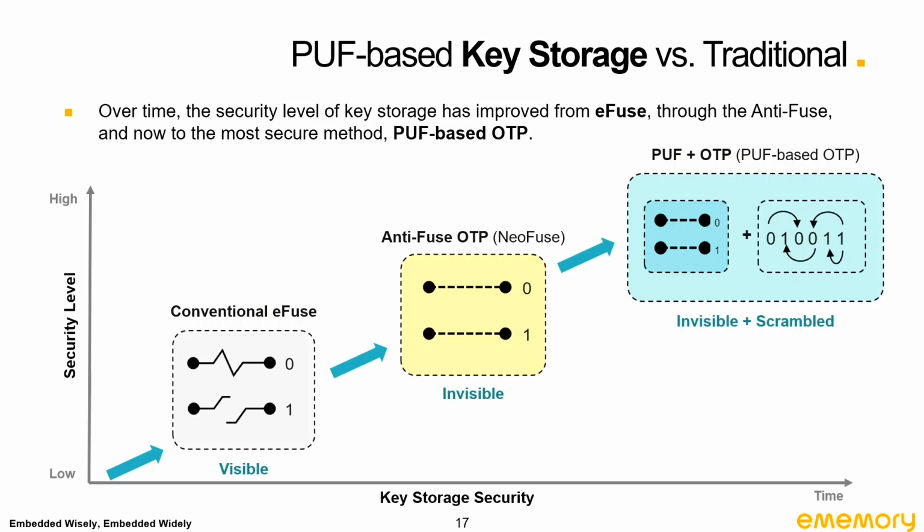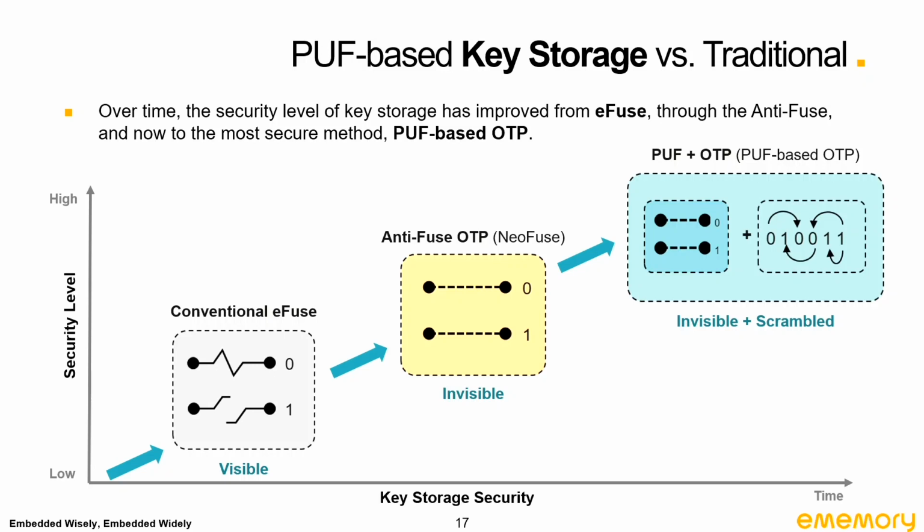So as the technology migrates to more advanced nodes, eFuse is insufficient to provide key storage and other security functions. With our anti-fuse OTP, which we call NeoFuse, we will not face any issues with reverse engineering, and also we will not face the size limitation or key disappearing.